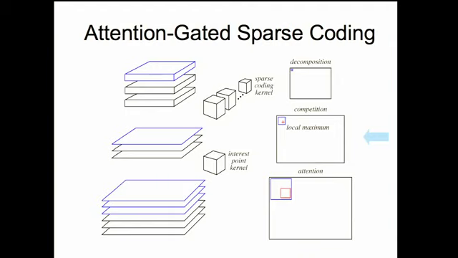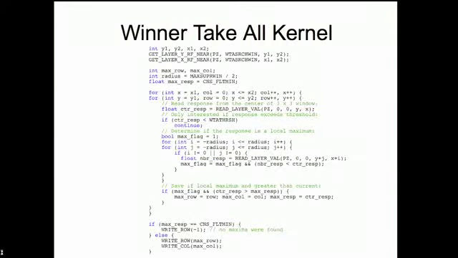So we find that local maxima, if any maxima exists within each region, and the kernel for doing that is a very simple winner-take-all kernel that operates over, in this case, 5x5 windows for our competition layer.